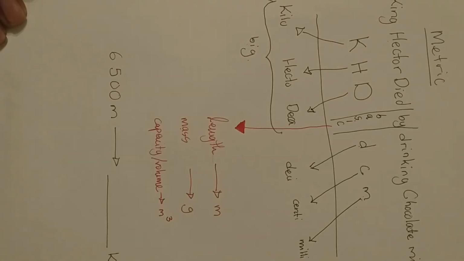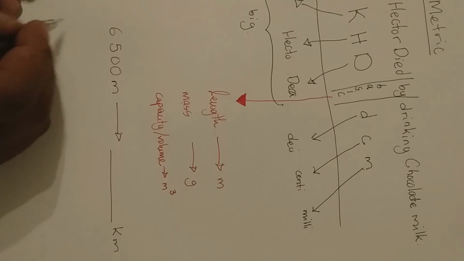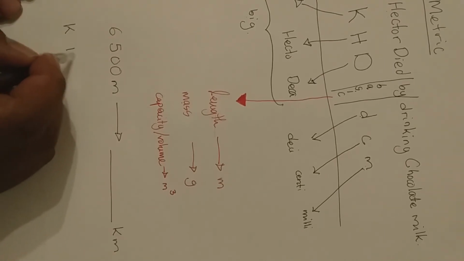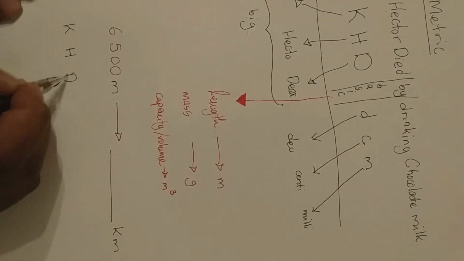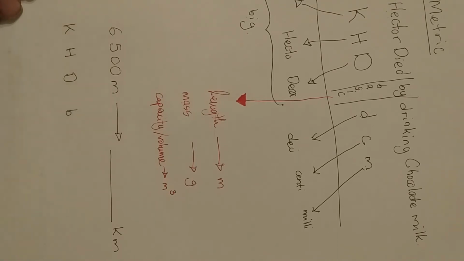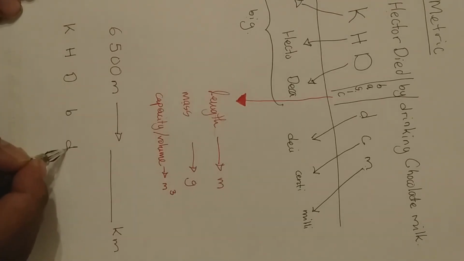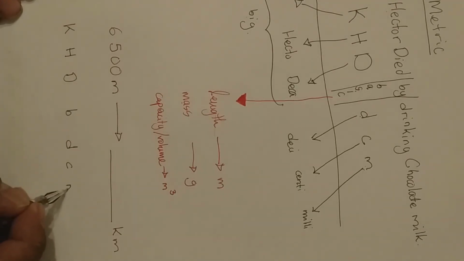The rule of thumb here is that if you write your King Henry died by, which is your basic unit, drinking chocolate milk.